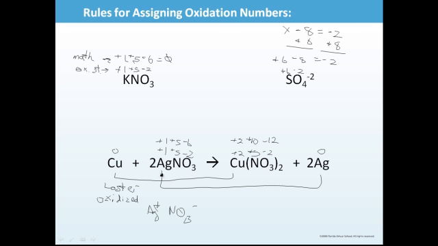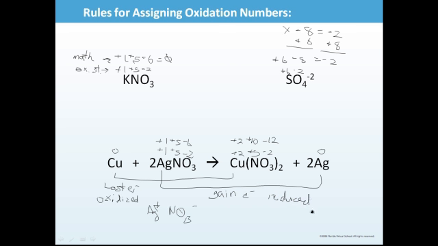For the silver, it goes from plus 1 to 0. So it was reduced in oxidation state, and it did that by gaining an electron. If you take a positive 1 and you add a negative charge to it, then you now will end up back at 0. So the silver was reduced.